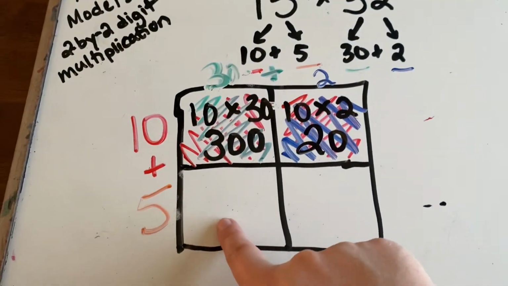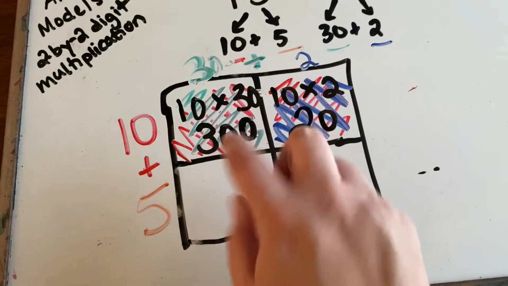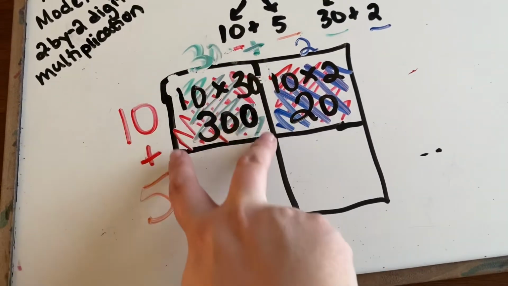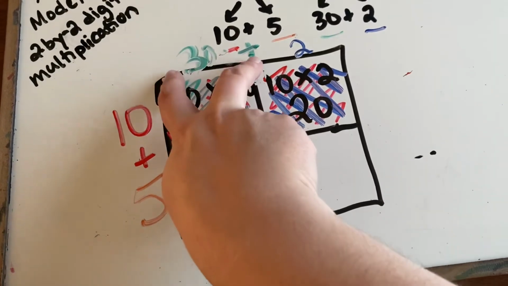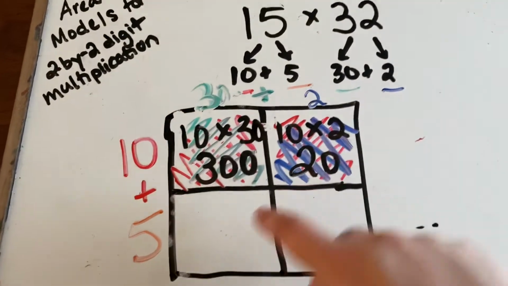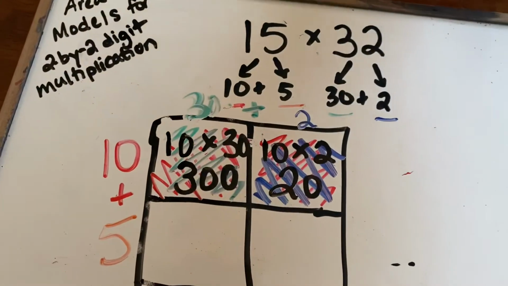And then this box down here is still the side times the top. The side is 5, the top is 30. It's labeled up here. It's the same length as this one, but it's just labeled up here. So think of it as being like an area model on its side kind of thing. So I'm gonna do the orange 5 times the green 30.